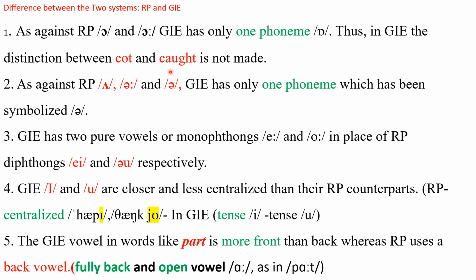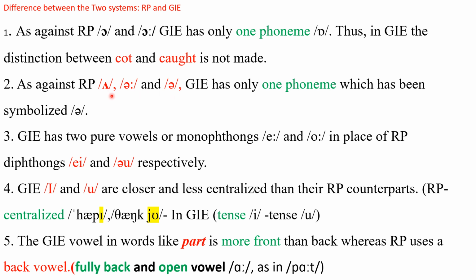Next, in RP you see these three symbols, like in up, cup, port, pot, and another sound, which is the schwa sound, about.